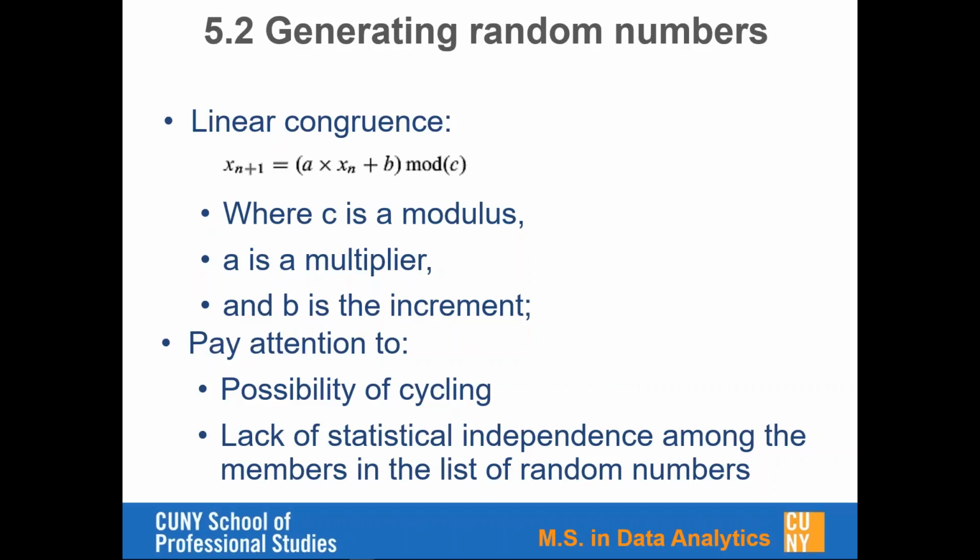And pay attention to the possibility of cycling, and lack of statistical independence among members of the base of random numbers. When we say pay attention to, it means we are trying to avoid those two cases. You would rather have a pseudo-random number. If your random numbers are not random, what could be the potential problem?